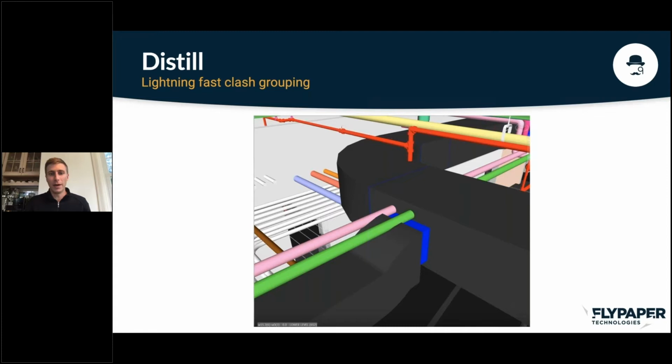This is multiplied over your entire model. So your model that may have 10,000 clashes in it only has really maybe around 3,000 individual things that need to be fixed. Distill will analyze the entire model and determine those 3,000 things for you in a matter of milliseconds.